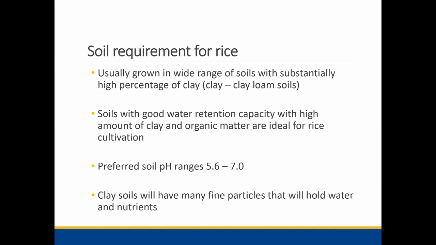Soil suitable for growing rice should have high clay content because the clay particles are small, so they have low porosity and will not allow water to go down. Our objective is to have standing water to grow rice.